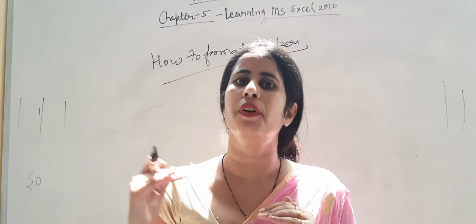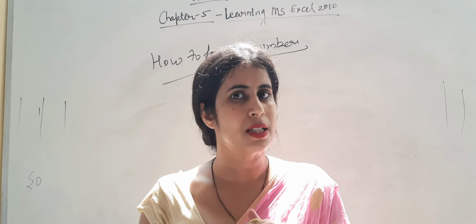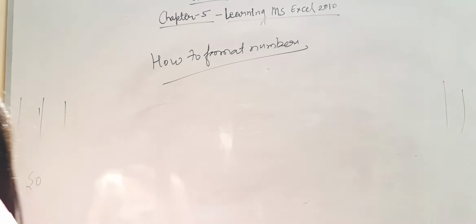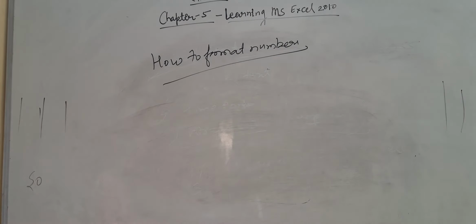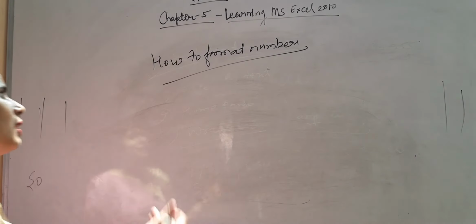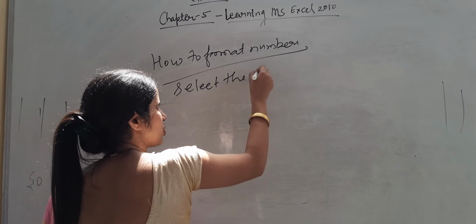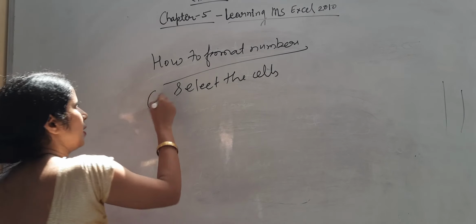If I want to format the numbers, I need to follow a few steps, which are similar to these. At first we will select the cells in which we have numbers.